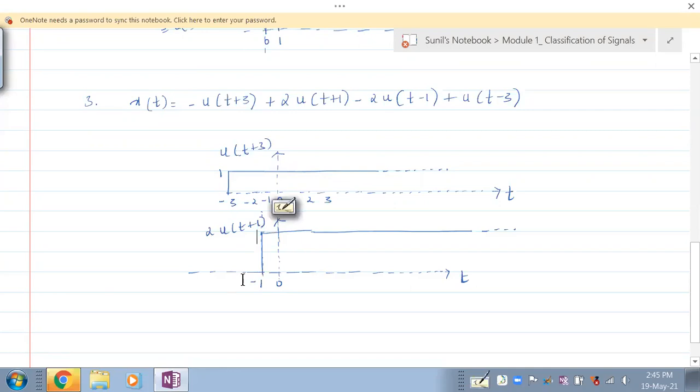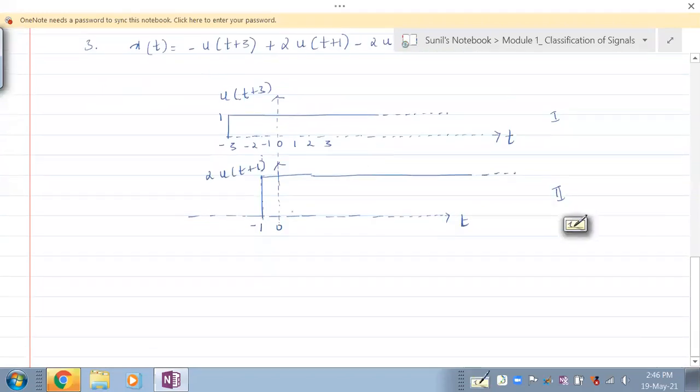It is amplitude scaled, and it is also a shifted version of u of t, which starts at minus 1. Now this is the first signal that we have sketched, and this is the second signal. First let's have the resulting signal by performing the operation on the first two. So what would result now? The third signal that we need to sketch is the second signal minus the first signal.